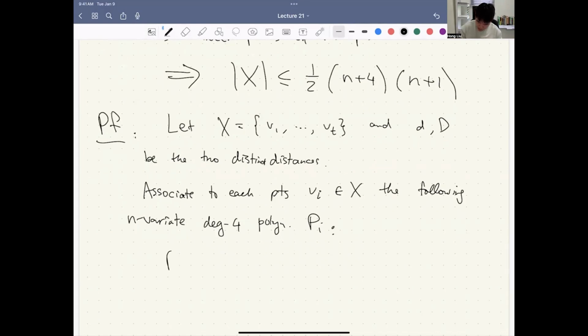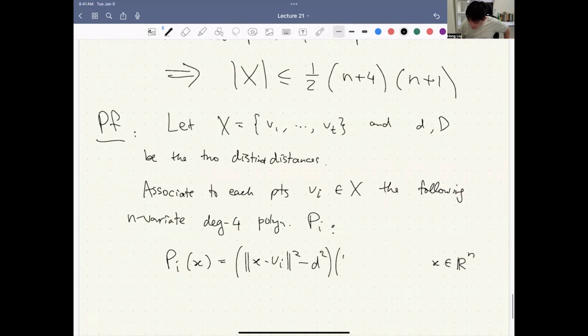So Pi of x for all x in R^n equals the distance of x to vi squared minus d squared, times the distance of x minus vi squared minus capital D squared.